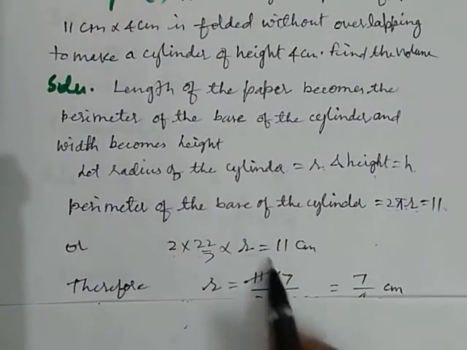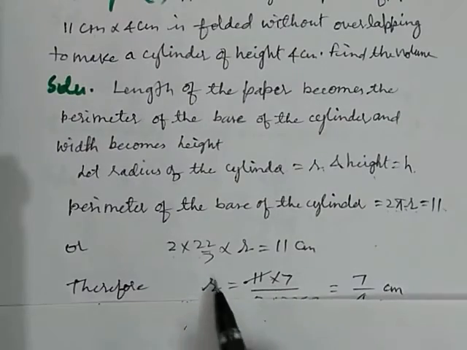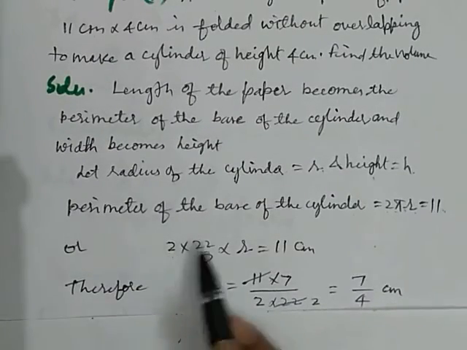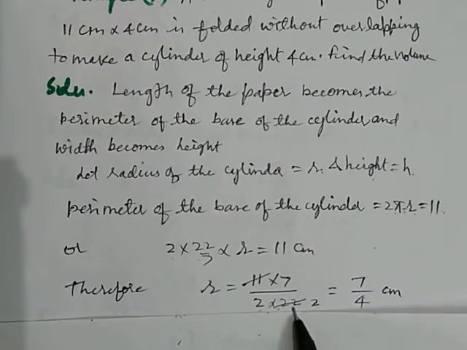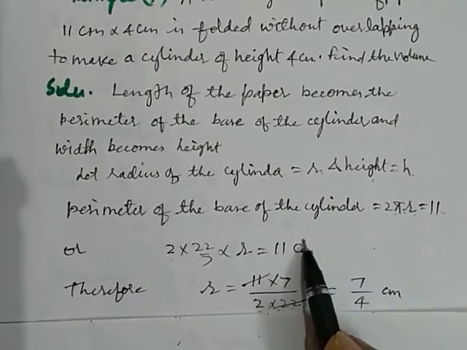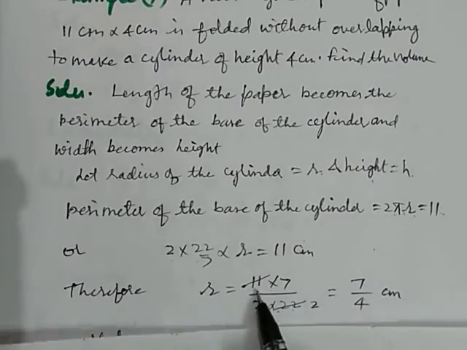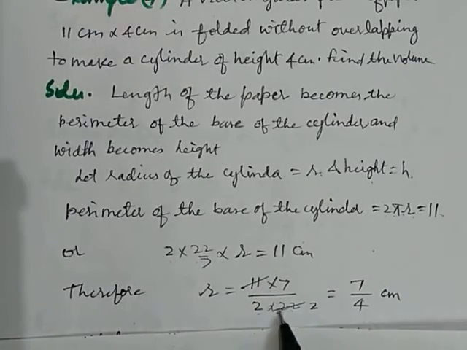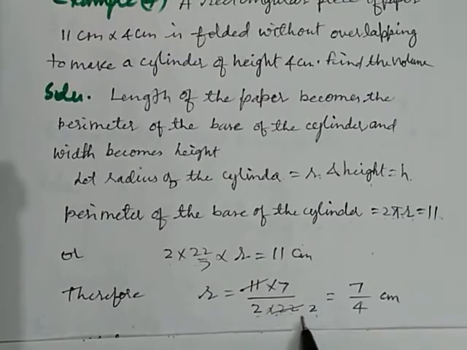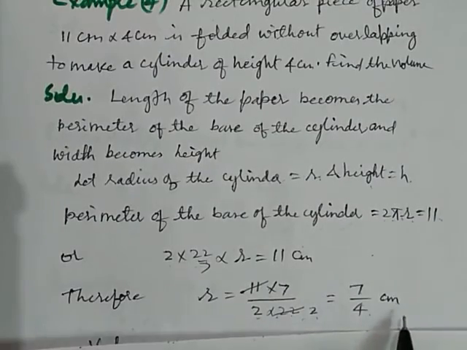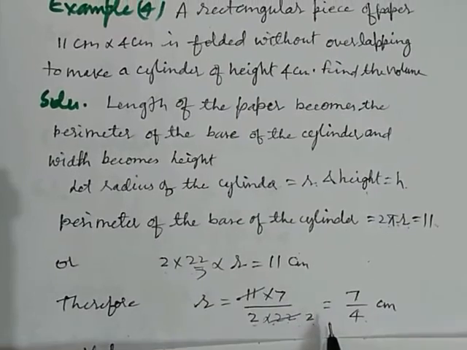So by cross multiplication, this 2 and 22 are in the denominator, and this 7 is in the numerator. By dividing 11 and 22 by 11, this is 7 and 2 into 2 is 4. So 7 by 4 is the radius.